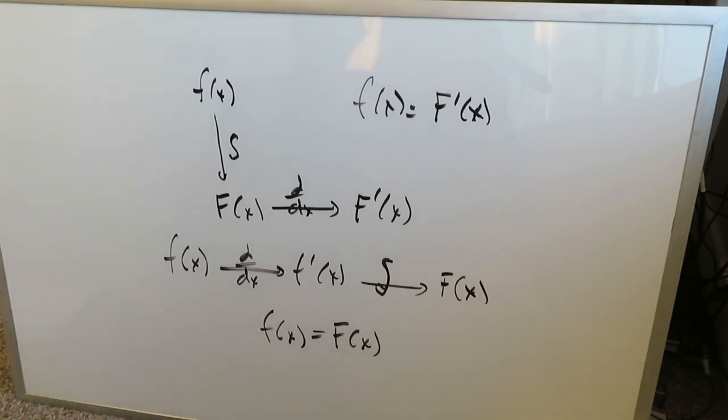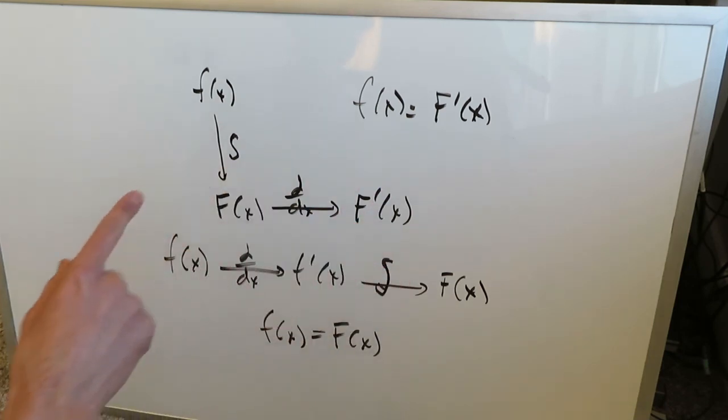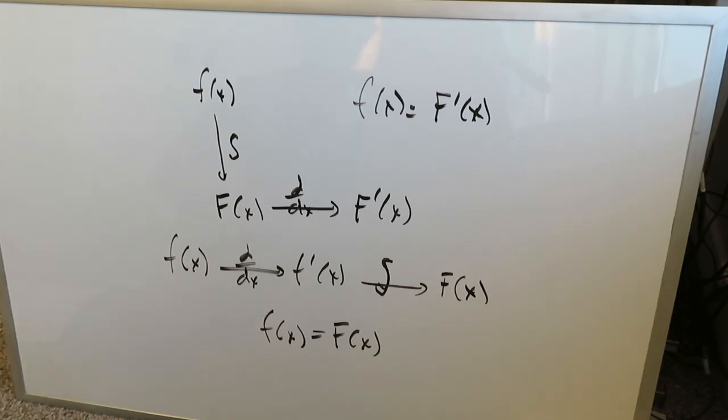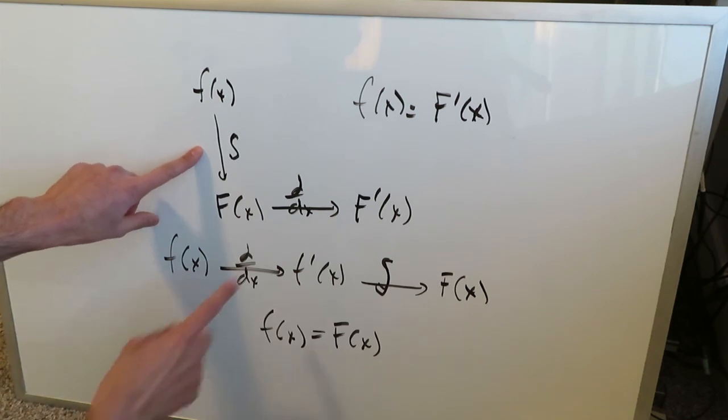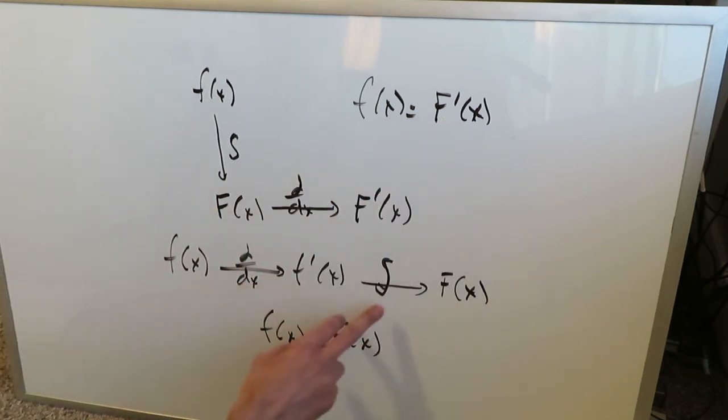So it works both ways, and I've shown you examples in this video of both. Each procedure, the integration or the derivation, will undo the effect of the other such that you'll end up back to where you started. You can do integration first, followed by derivation, and end up back to the original function. You can do the derivation first, followed by integration, and end up back to the original function.